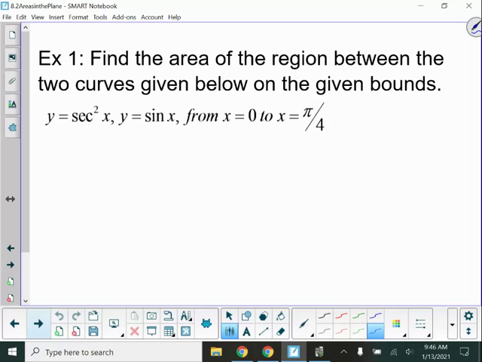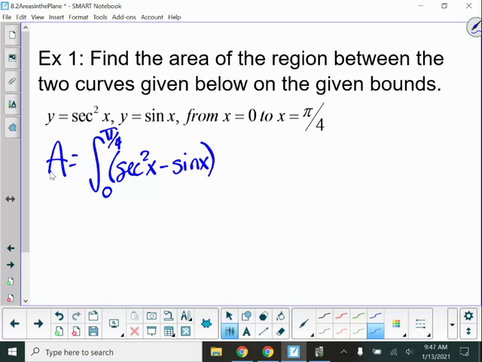If you actually look at secant squared and sine of x, on the interval from 0 to pi over 4, secant squared is always going to be on top, and sine is always going to be on the bottom. So our area is going to be the integral from 0 to pi over 4 of secant squared x minus sine of x, dx.